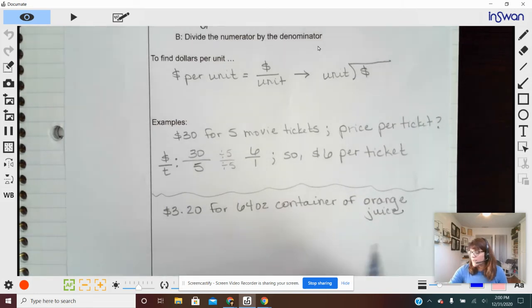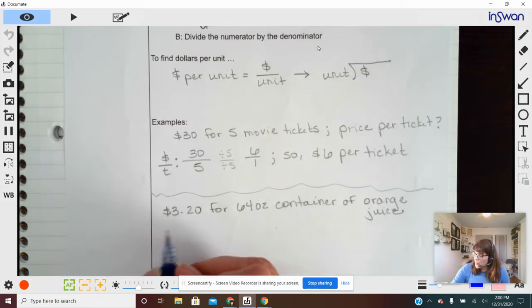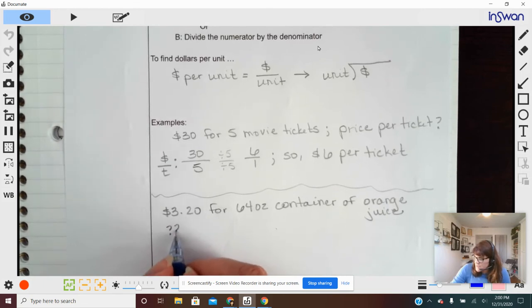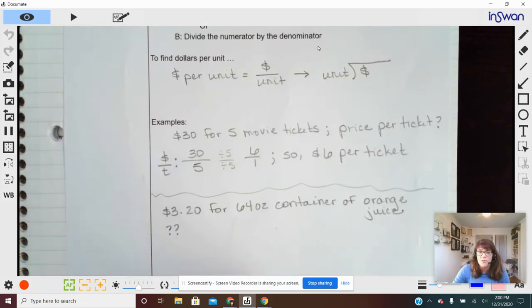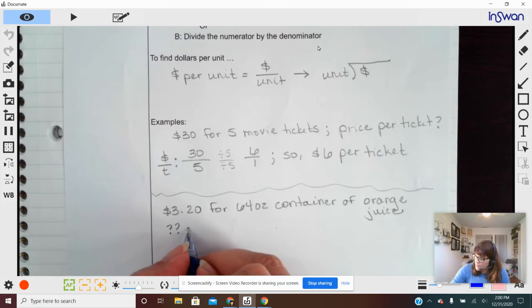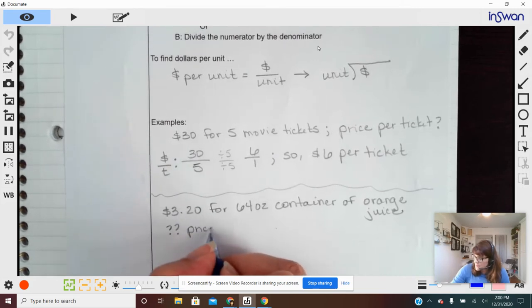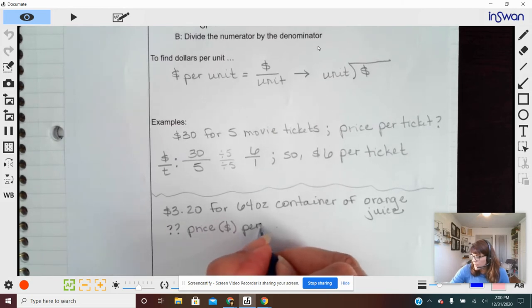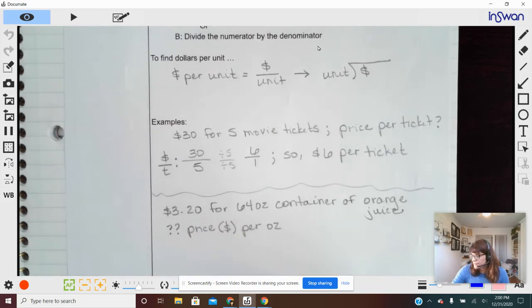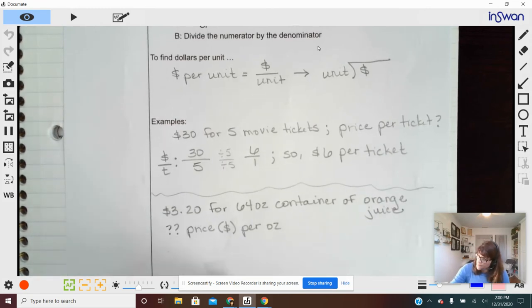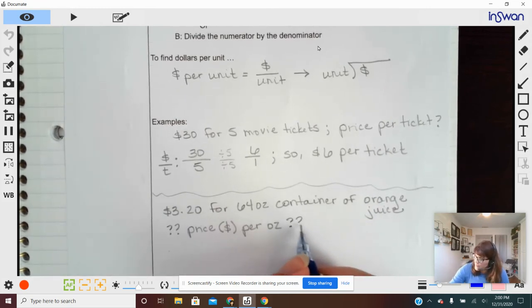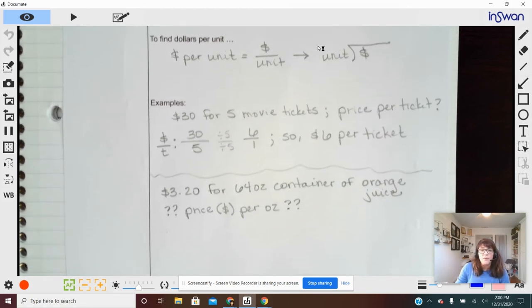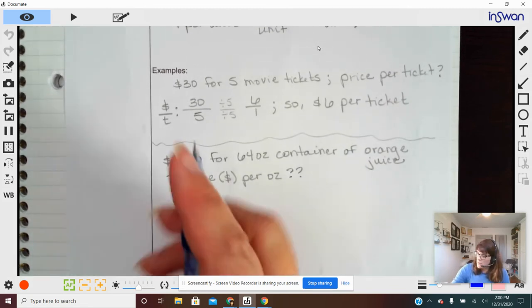We will be doing a lot of practice with this as well. What we're looking for here, and you'll see I usually use these double question marks, is what is the price or the cost per ounce? That's what we need to find out. And remember I said writing it down would help.